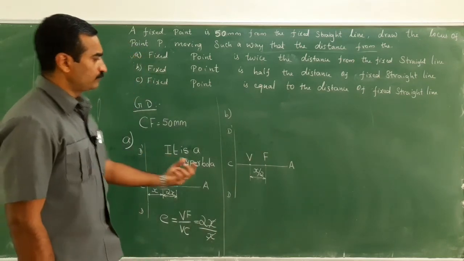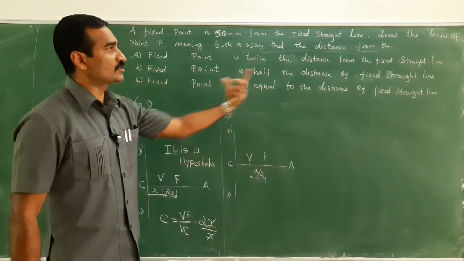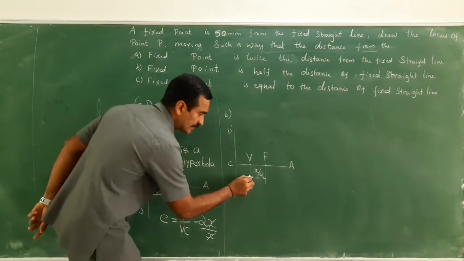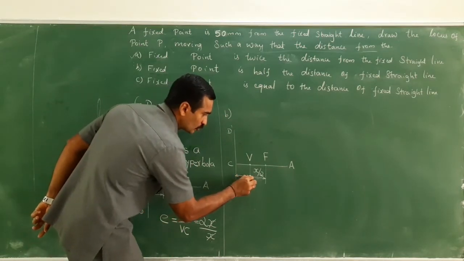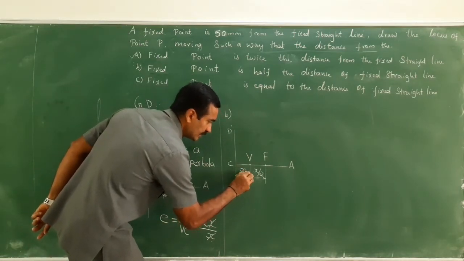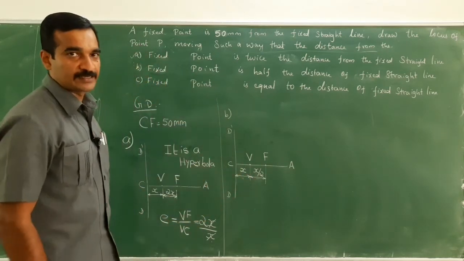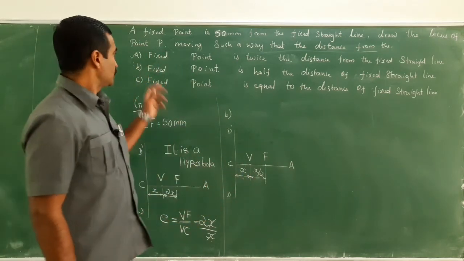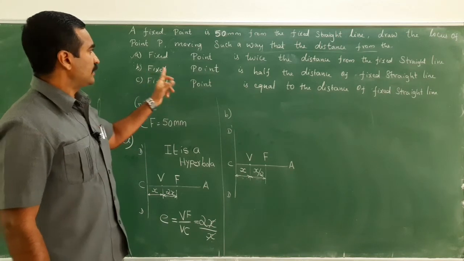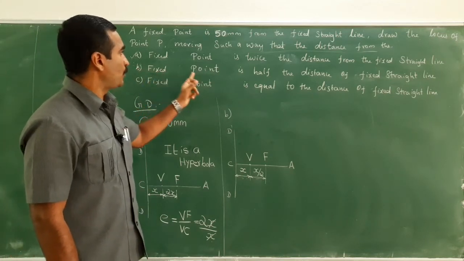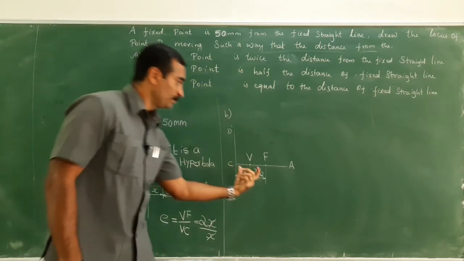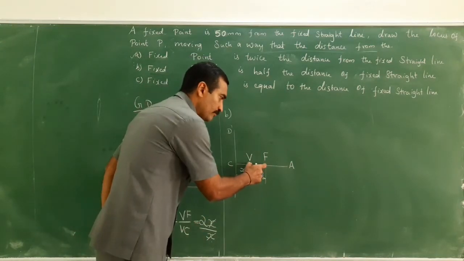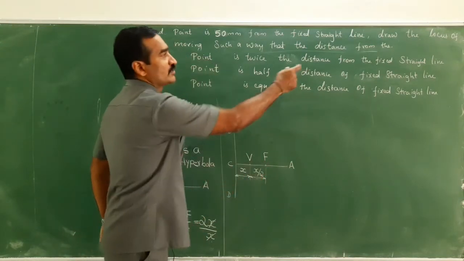Right? If this is x by 2, this is half the distance of the fixed straight line. Then what could be VC? VC could be x. Right? Because the question says the distance from the moving point to the fixed point is half of the distance to the fixed line.